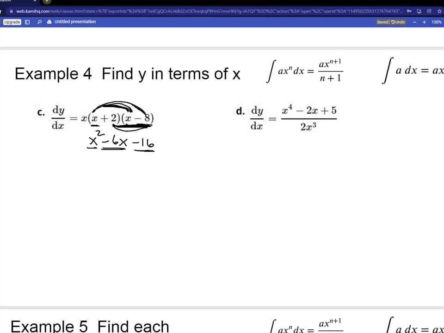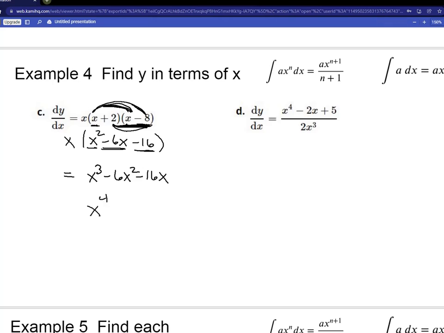Okay? Now, what do we got to do now, though? You distribute the x. So now this will become what? X to the power 3 minus 6x squared minus 16x. Exactly. Now that we've got a bunch of powers, we're going to integrate it. We want terms in powers. So what are we going to do here? You write down x first.